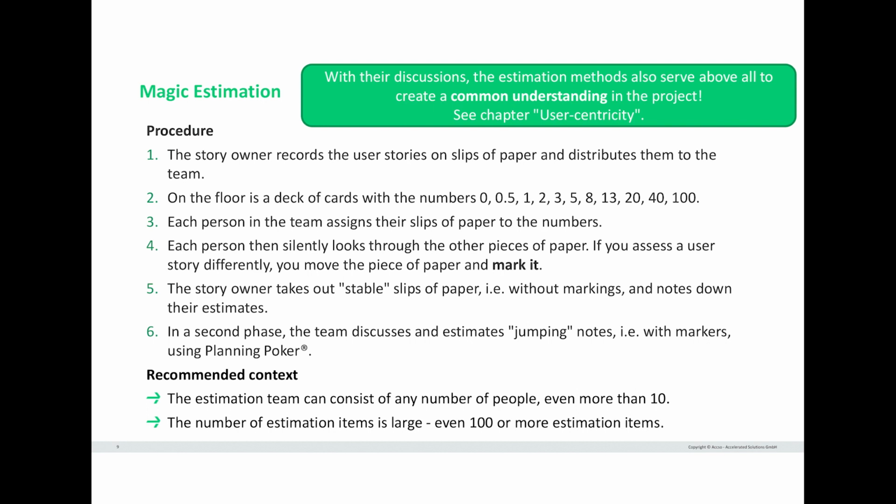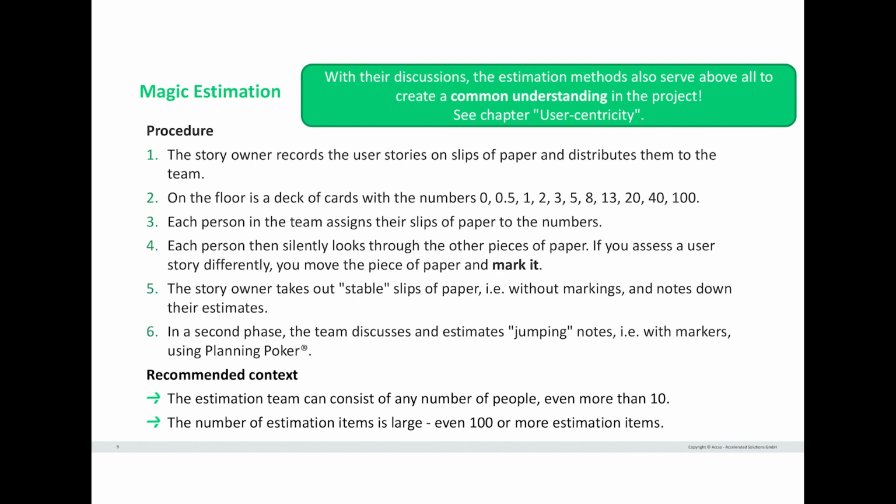At some point, everyone has read all the slips of paper. Stable slips of paper, that is without markings, are taken out by the story owner and their estimates are noted down. In a second phase, the team discusses and estimates jumping slips of paper, that is with markings, openly or estimates them using planning poker.